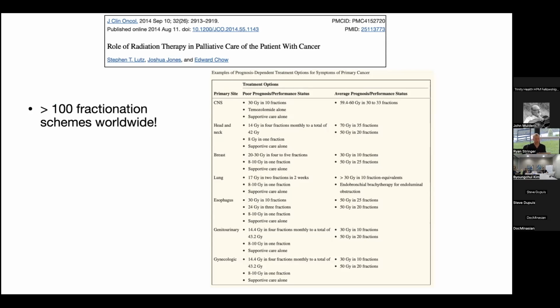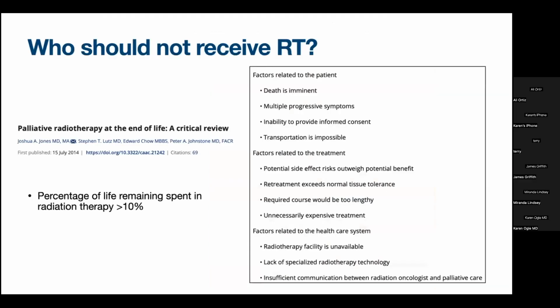So understandably, if there's a lot of variation in practice pattern throughout the country and even throughout the world, then we may see some difference, and maybe there's not really the similar way that if you go to one institution, you're going to get the same thing. So it makes it complicated to change the standard culture everywhere.